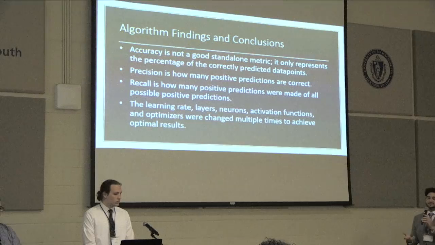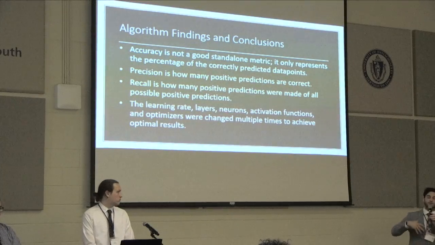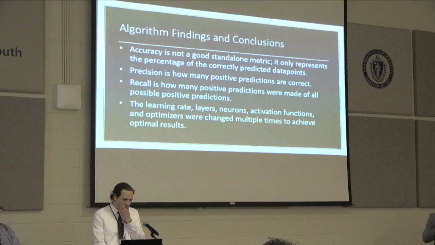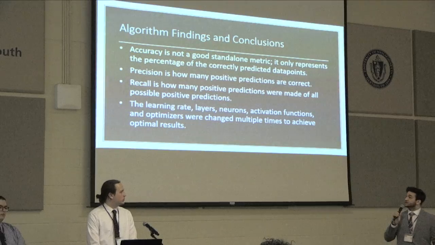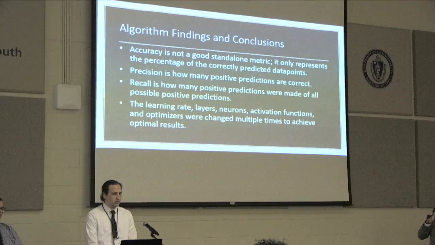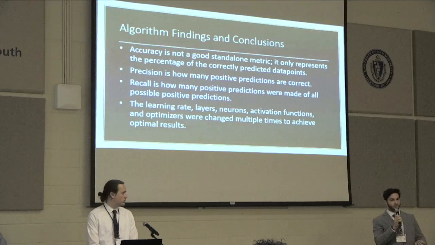Precision being how many positive predictions are correct, and recall being how many positive predictions were made out of all of the possible positive predictions. We changed multiple different attributes of the machine learning algorithm to achieve the optimal results, including the learning rate, layers, neurons, activation functions, and optimizers, to see if we can get the best possible results from our predictions.